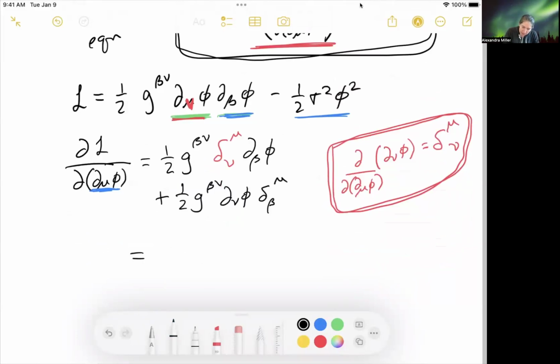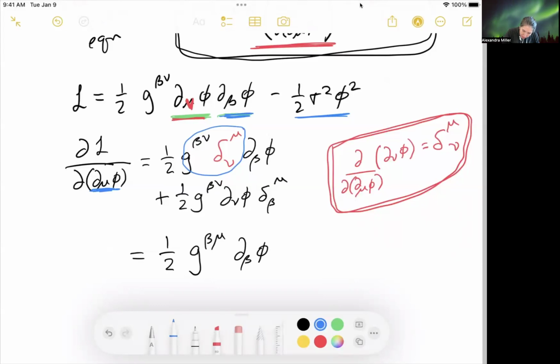Okay, let's think about these things that I've written down. We can immediately use our Kronecker delta to combine these two things. We do our sum over nu, and that makes my G become beta mu d beta phi.